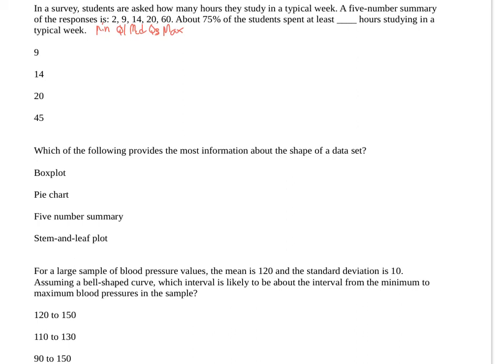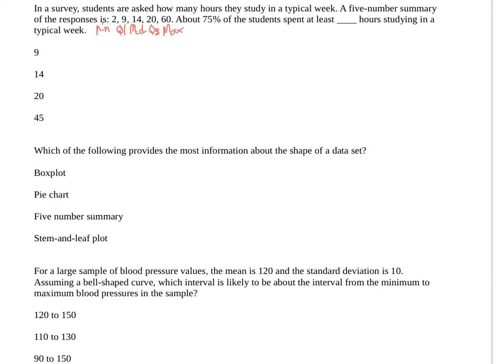Shape has to do with a quantitative variable, right? You can't have a shape of a data set when you're using categorical variables, favorite color, favorite cereal, who you're going to vote for, etc. We don't really use shape to describe those.